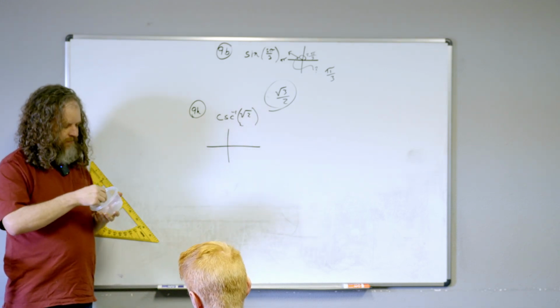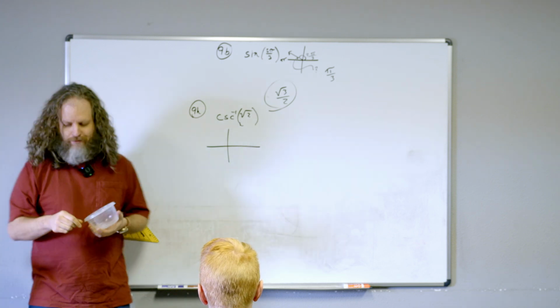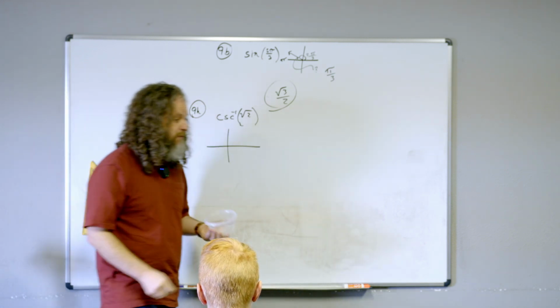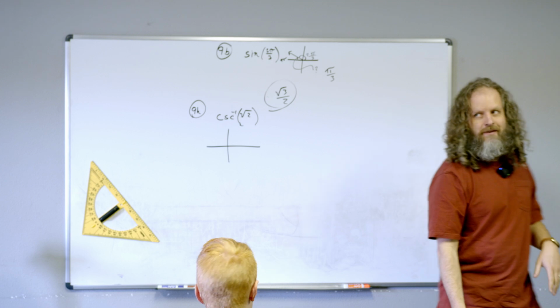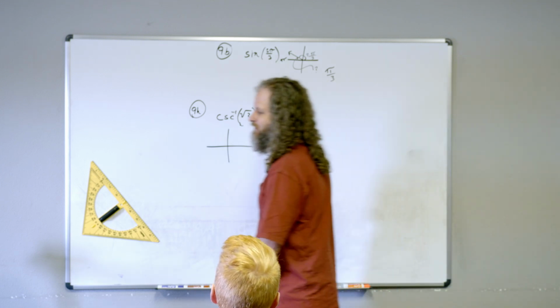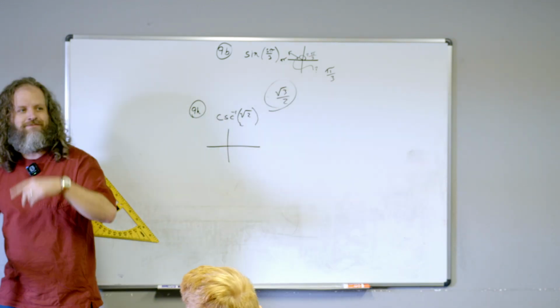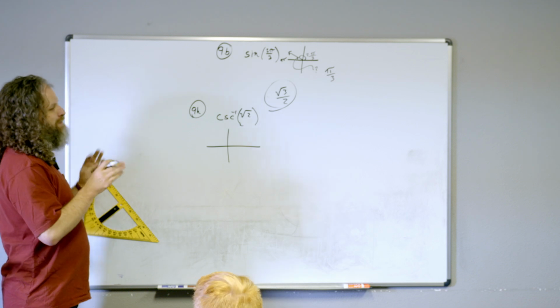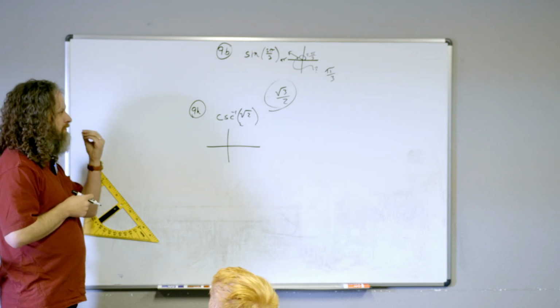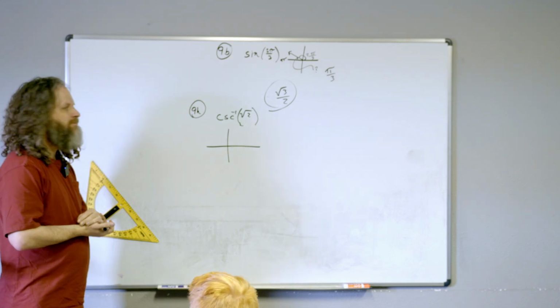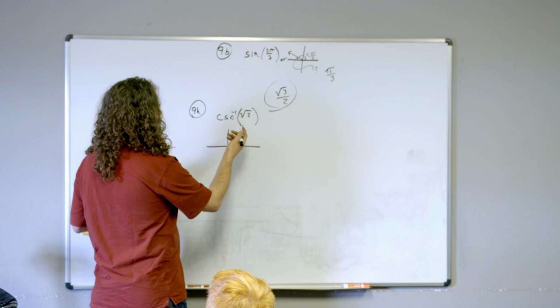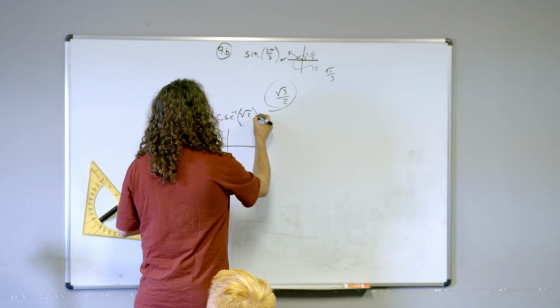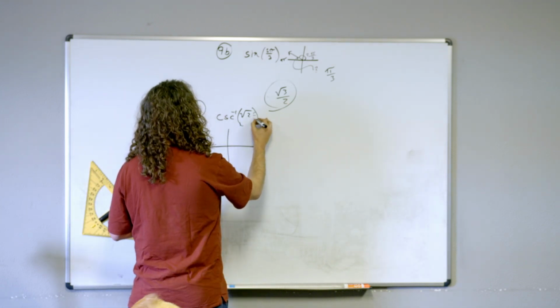That's true. So cosecant would be r over y? There you go. Don't even worry about memorizing the reciprocal ones. Just memorize the other ones and then flip them. It takes half a second longer, but it's so much less that you have to keep in your brain. Yeah. So this would be r over y.